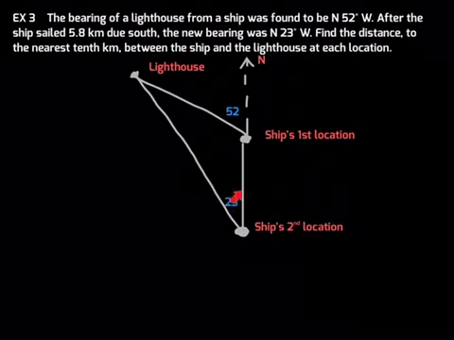This is due south. And the new bearing from the ship's second location was 23 degrees due northwest. All right, cool. I've updated my picture just a little bit with due south here and 5.8 kilometers. The question is, find the distance to the nearest 10th kilometer between the ship and the lighthouse at each location.